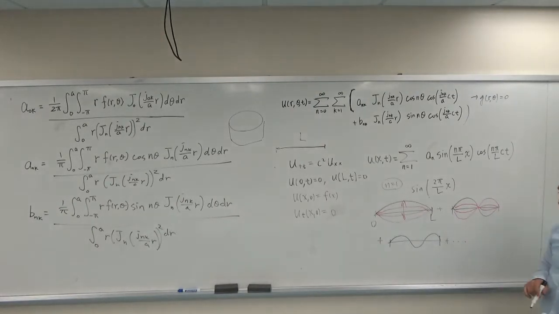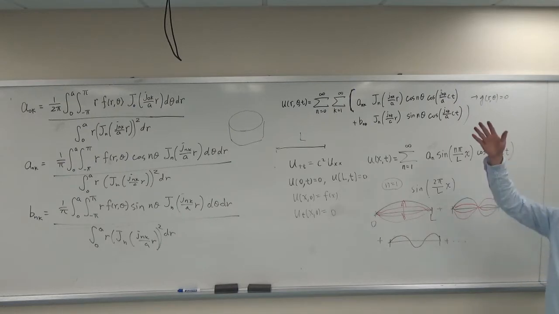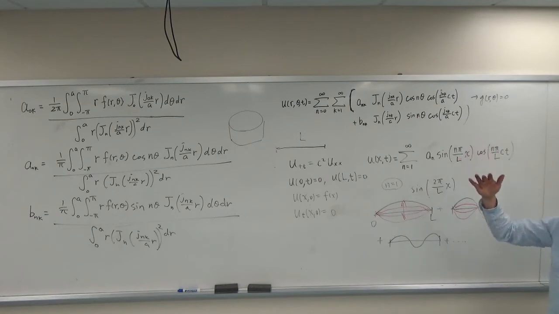And what this means is that when you have a vibrating string, your ears are actually a very good Fourier analysis machine. You can hear different pitches. If you hear a high pitch, you recognize it as a high pitch. If you hear a low pitch, you recognize it as a low pitch.